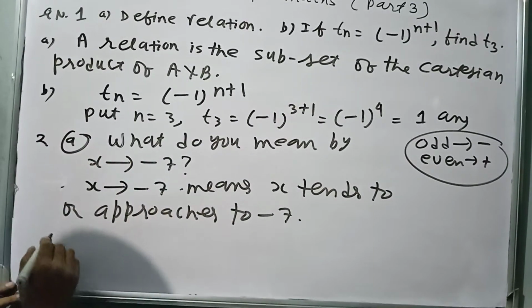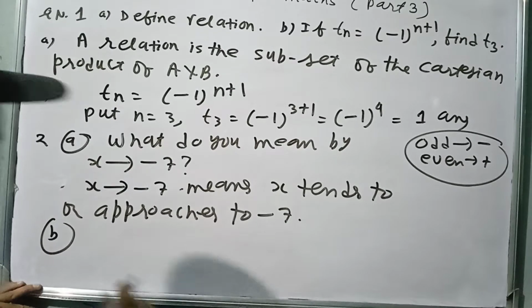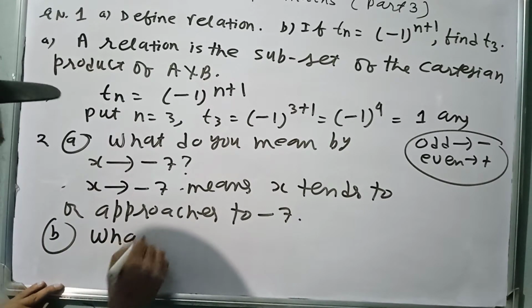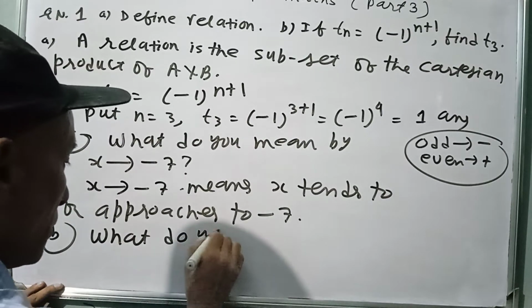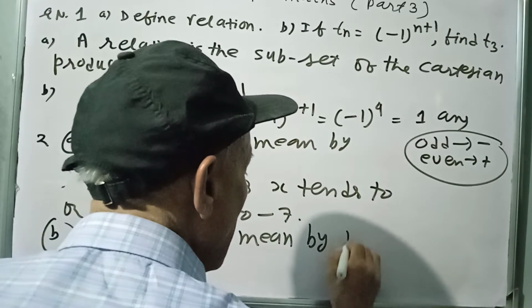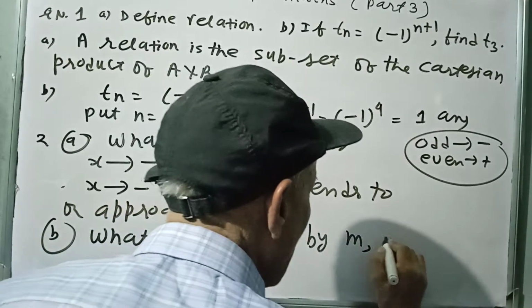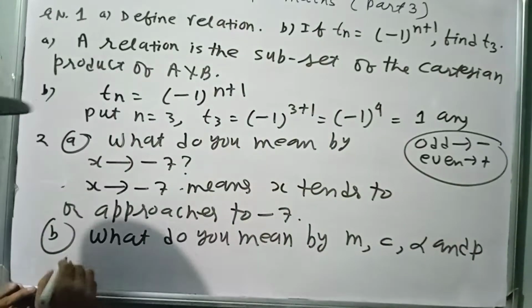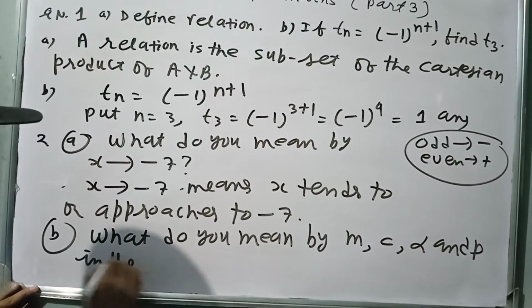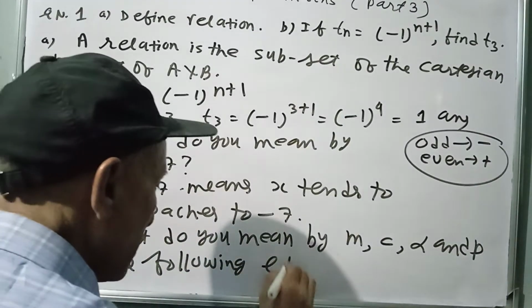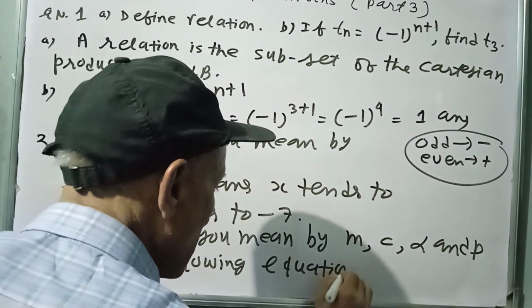Another question is also there. What do you mean by m, c, alpha and p in the following equations?